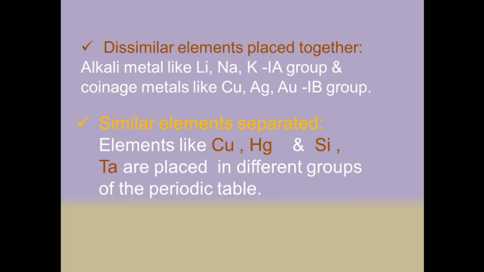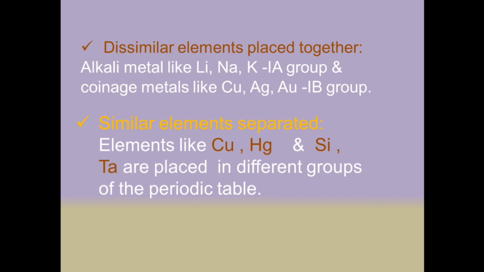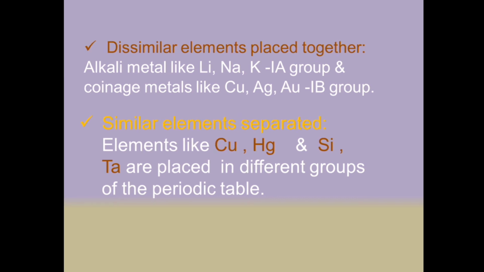Dissimilar elements were placed together. For example, lithium, sodium and potassium were placed with copper and gold in one group. Now similar elements like copper, mercury and silicon were placed in different groups. So dissimilar elements were placed in one group.